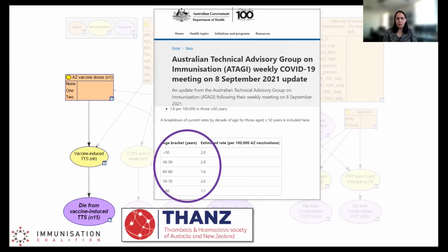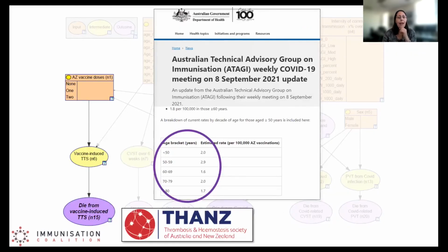Now, to populate this model, we used different data from different areas. The only precondition was that it had to be evidence-based, and our experts had to agree on the interpretation. So here you can see, for example, for a vaccine-induced TTS, we used numbers from ATAGI, the Australian Technical Advisory Group on Immunisation, from their weekly updates.